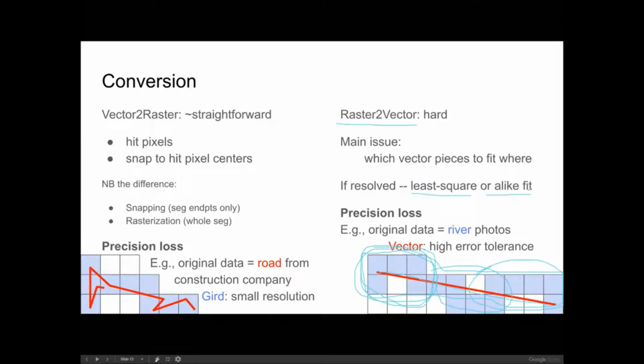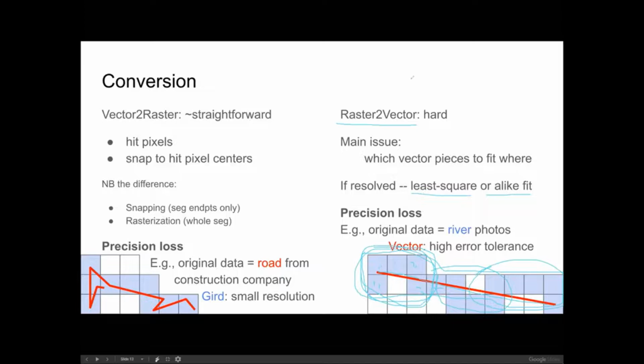Of course, when you are going from the pixel representation to the vector representation, you may also lose precision because, with the pixels, you know where they are, but who knows how your red line, the vector data that you represent your pixel data with, goes. It really depends on how you fit, where you fit, what you fit in, and so on.